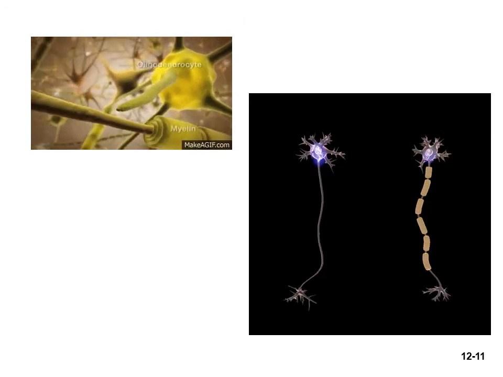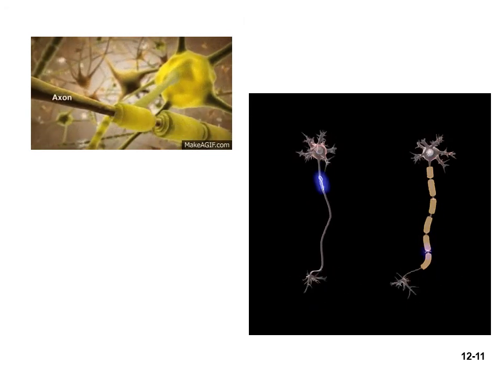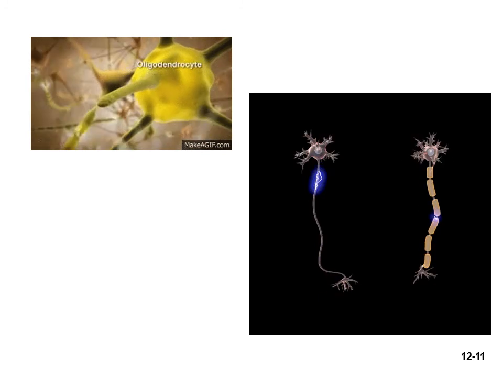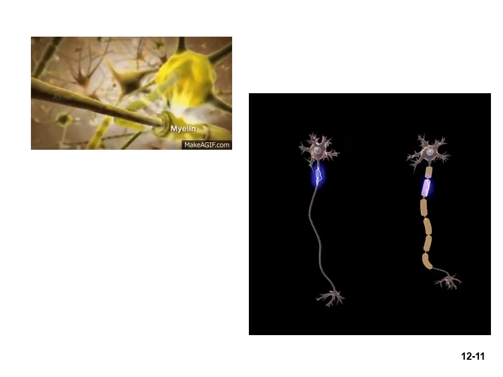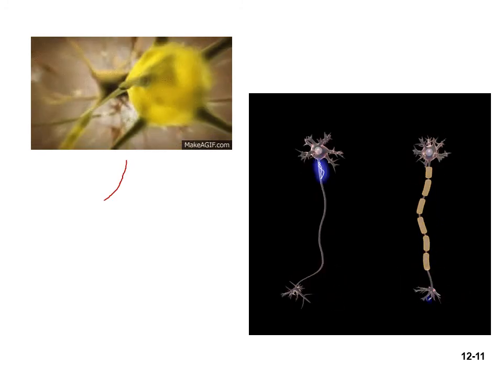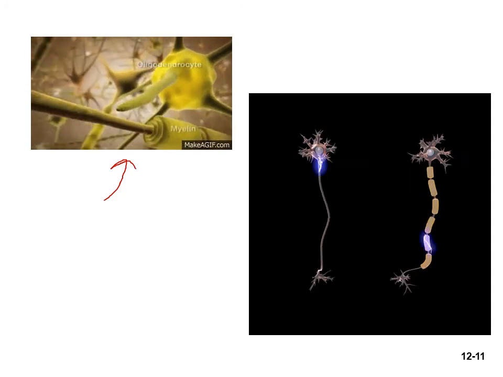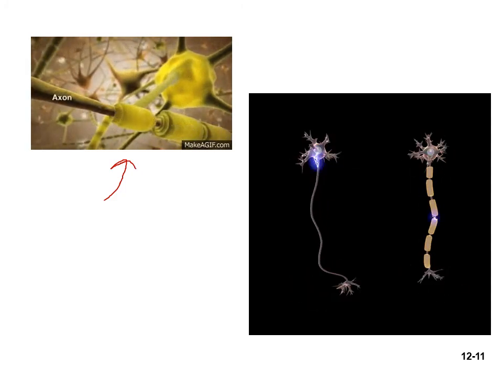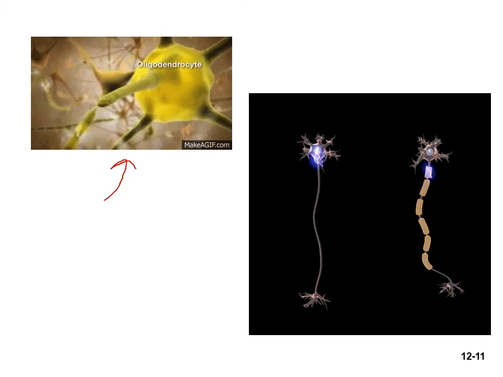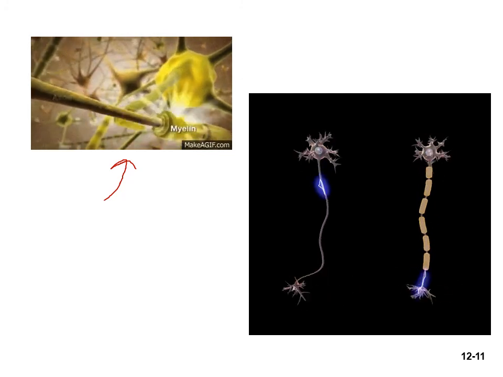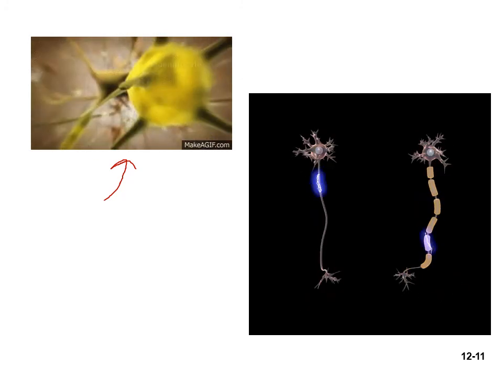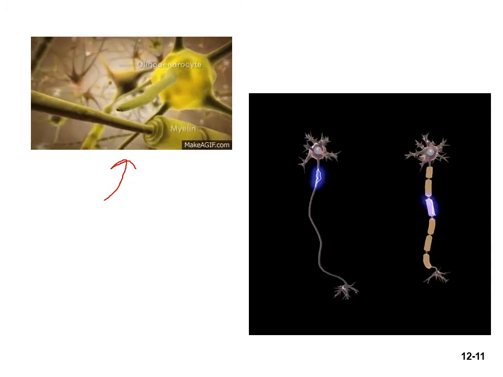Here are just some illustrations that I found from Google Images. Obviously, I know a lot of you are very visually inclined, so I figured you might enjoy them. Here on the left-hand side, you see an oligodendrocyte connecting with an axon, and you can see it myelinating. And notice how it has several extensions coming off its cell body.